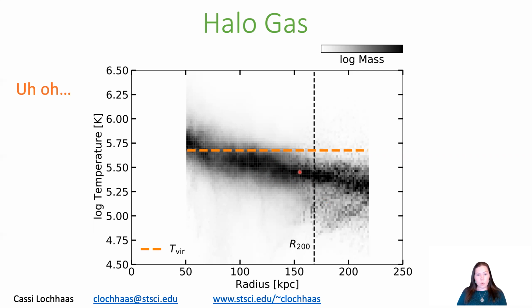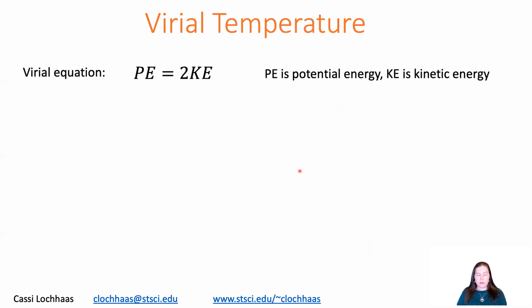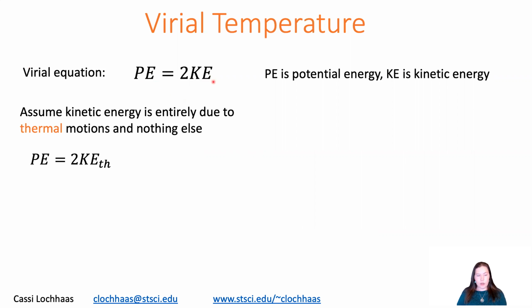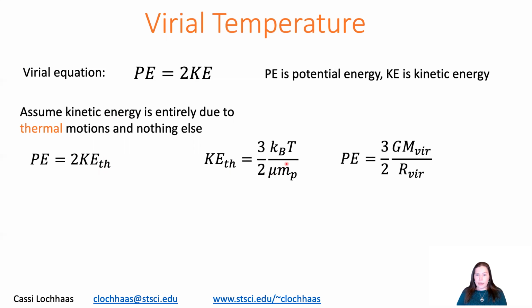So in order to understand why this may be the case, let's look at the derivation of the virial temperature. It comes from the virial equation that relates the potential energy and kinetic energy of the gas in the halo, where usually the kinetic energy is assumed to be entirely due to thermal gas motions and nothing else, TH for thermal. The thermal kinetic energy relates only to the temperature, and the potential energy comes from the virial mass and radius of the dark matter halo.